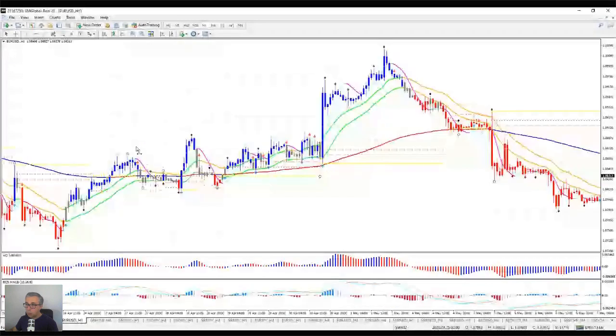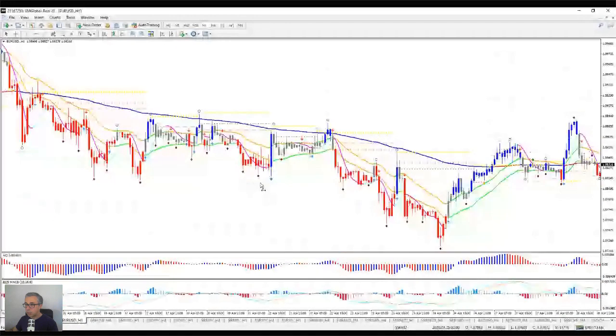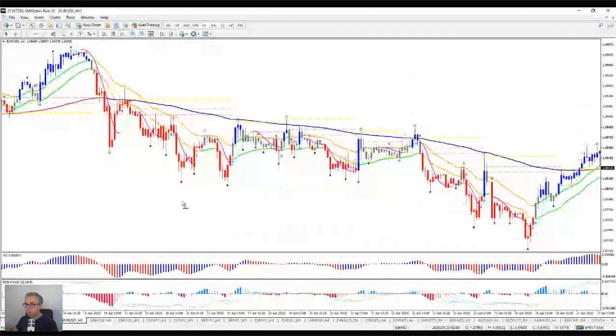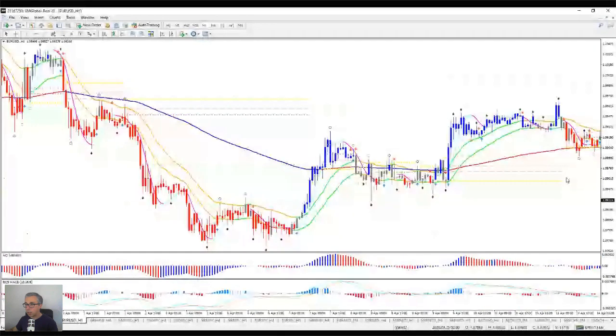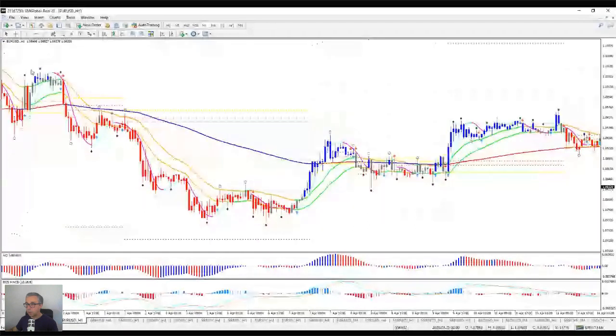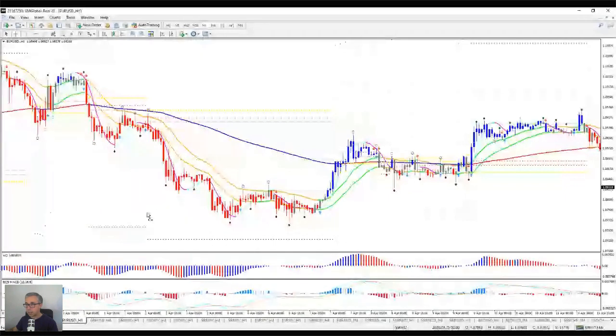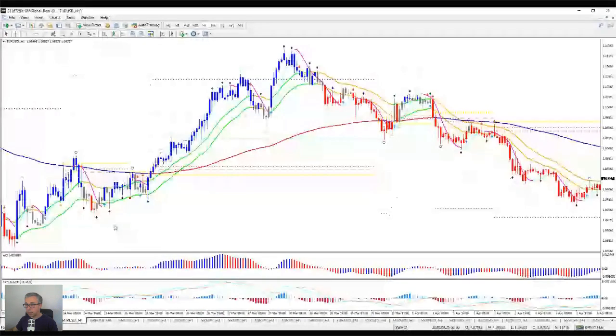So let me give you an example of some of the moves here. Let's take a look. All right. So with 7, probably too close, in this case. Let me go back a little bit to the other examples we had.